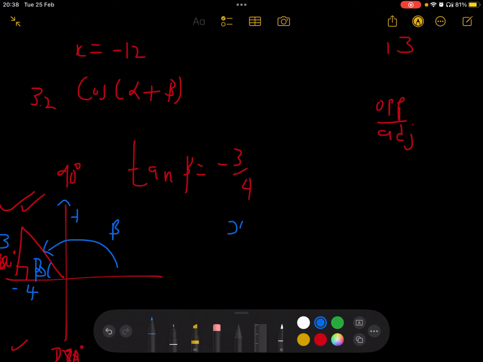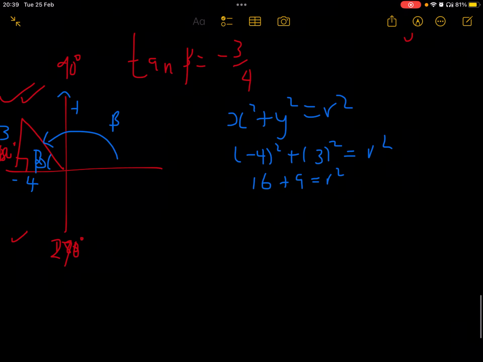Thus giving us x squared plus y squared. We're looking for r squared. Now our x is minus 4 squared plus 3 squared, which is equal to r squared. That's 16 plus 9 equals r squared. So 25 is equal to r squared.